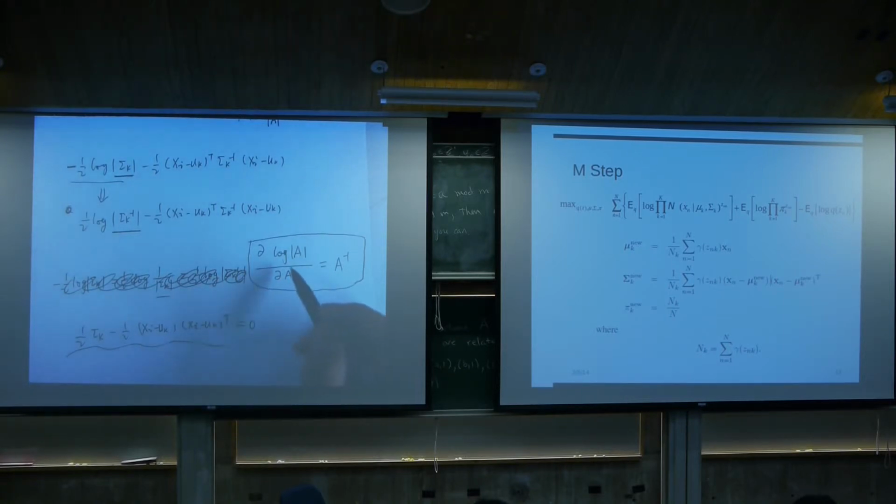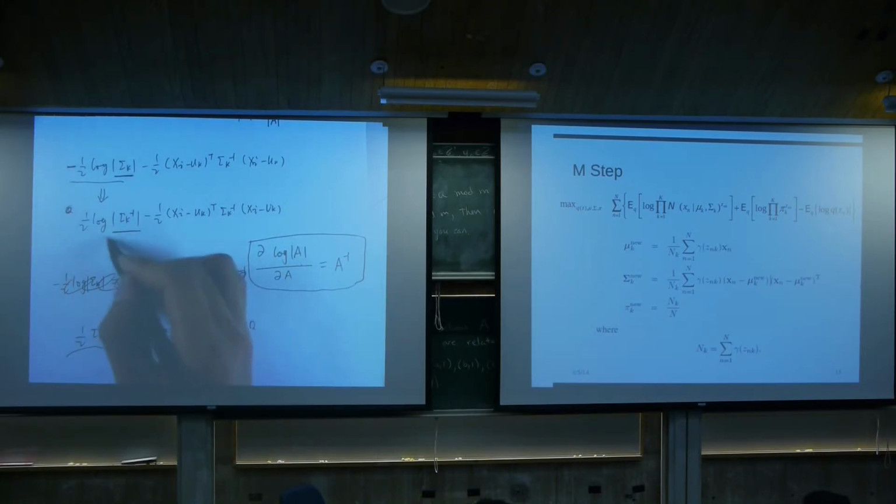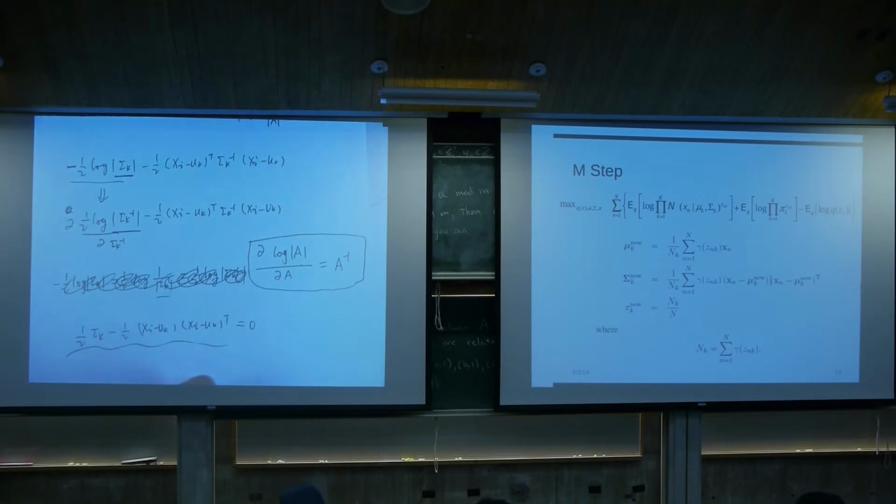So we have a property that if you take the derivative of log determinant A with respect to A, it will give you A inverse, right? So using this, we take the derivative of this term with respect to sigma k inverse, which will give us 1 over 2 sigma k, right? And for this one, it's x transpose A x. If you take the derivative with respect to A, it will give you x transpose.